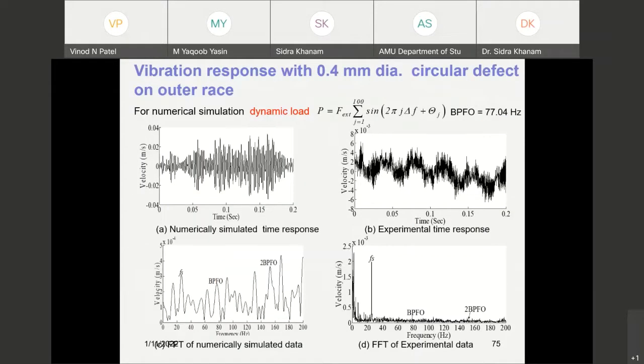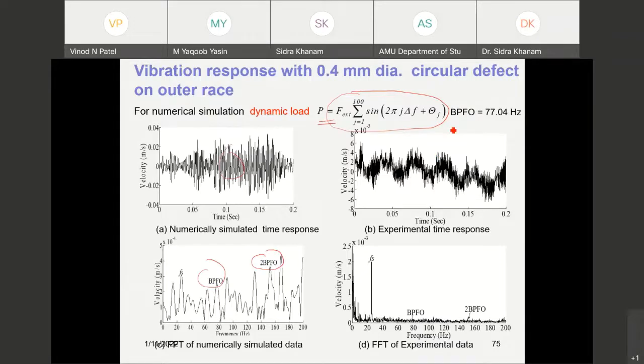Suppose the dynamic load is given. In the dynamic load, some additional force value P can be added in the equations derived by us. If I provide this additional value of force, you can see that the response is disturbed, but even though BPFO and its harmonics are available, some additional vibrations will be there.